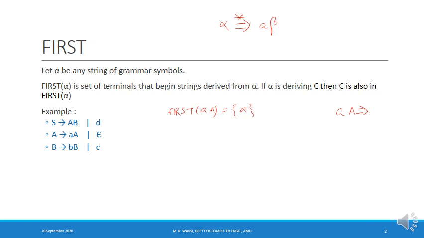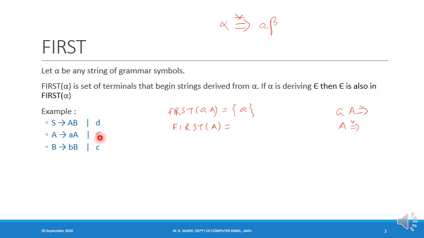Let's now calculate the first of capital A. First of capital A means whatever strings I can derive from capital A, those strings are beginning with which terminal symbol. The strings derivable from capital A will either begin from the first production or from the second production.